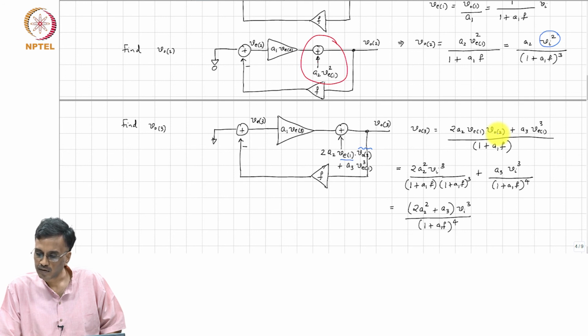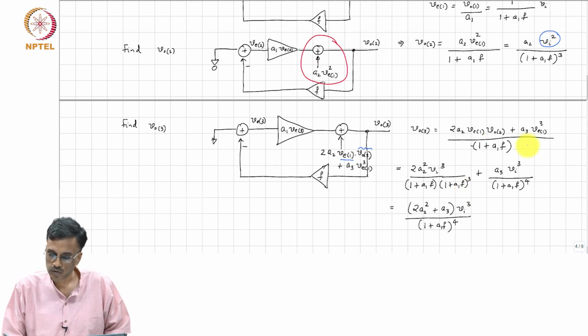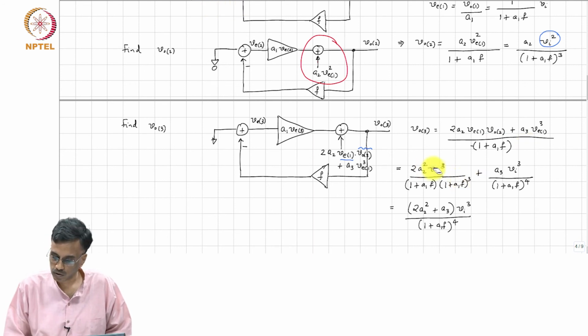VO2 is the cube, and another term will be there in the output by 1. Oh yeah, indeed, that is right. So let us just do this properly.